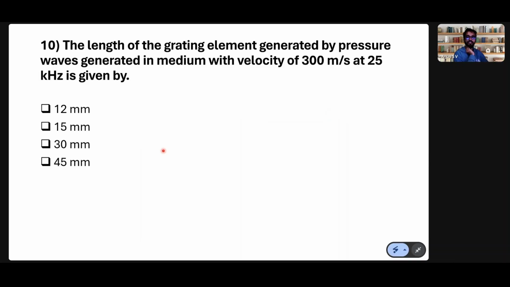The last question is: the length of the grating element generated by pressure waves generated in a medium with velocity of 300 meters per second at 25 kilohertz is given by how much?